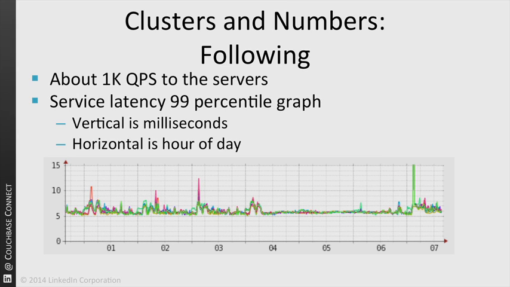It's fairly flat, fairly consistent, with very low variance, and this is what you want to see in a service. You don't want a lot of variance when you're serving this much data. You want it to be flat and consistent, you want to understand how it works, and it should work as you expect it to, and you get the fewest problems that way.